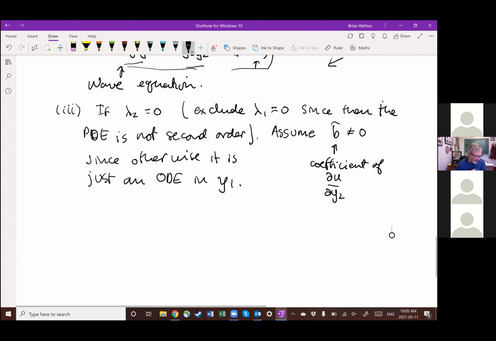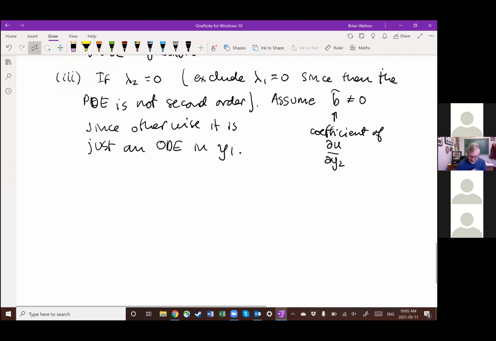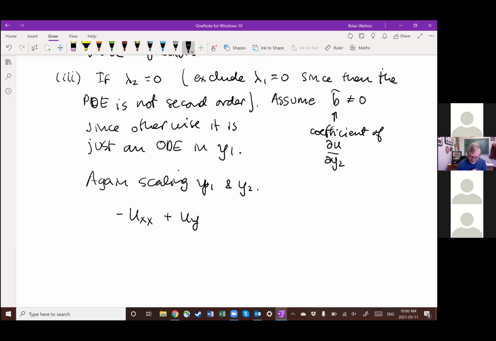Okay, so if I do that, and again scaling y1 and y2, I'm going to get minus u_xx plus u_y plus a u_x is equal to g of x and y.